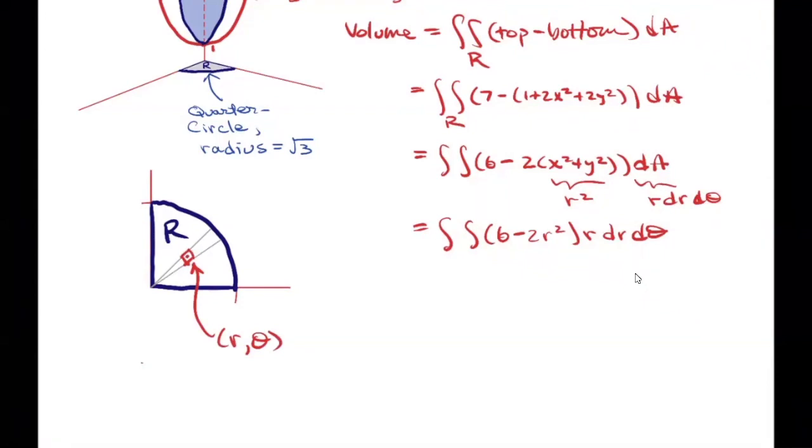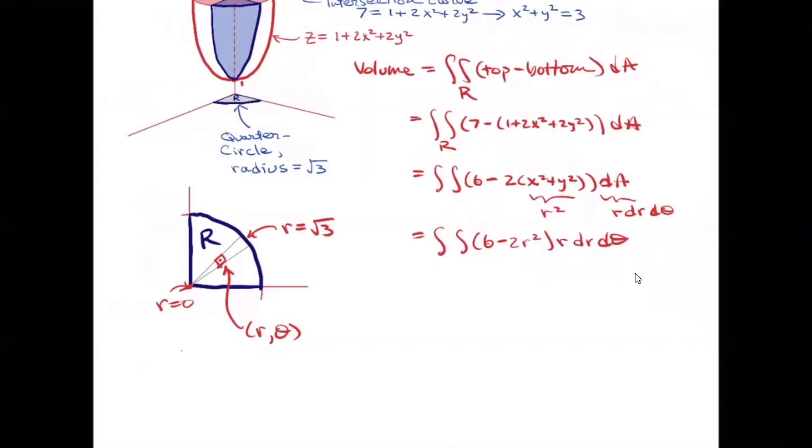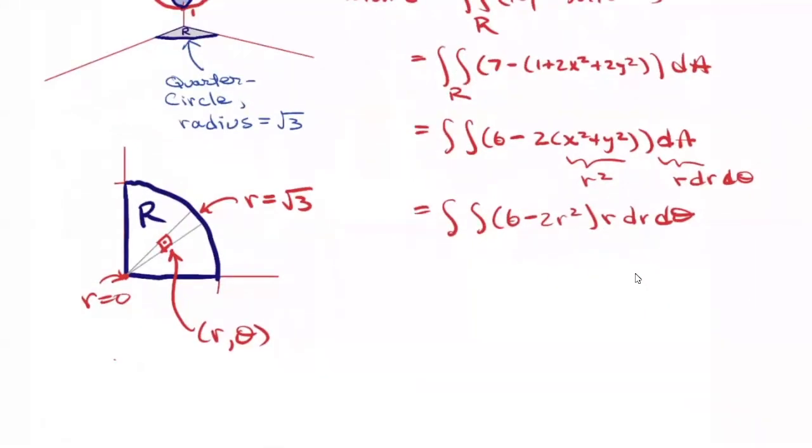At the tip, r is 0. And at the other end, r is the radius of that quarter circle, which is the square root of 3. And that little bit of area has to spread out and cover this whole region.